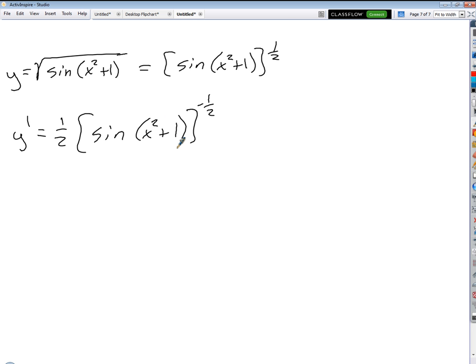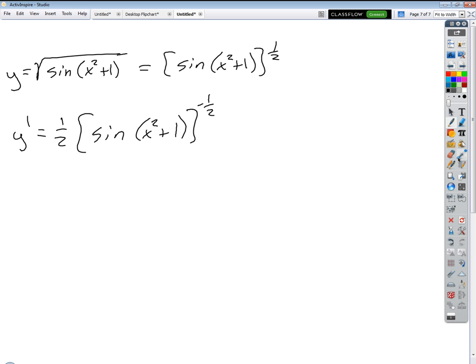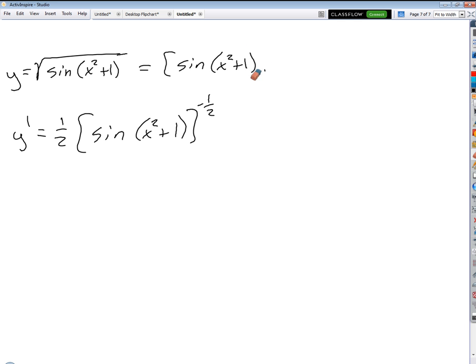Okay, so now we gotta delve into the next layer. I'm gonna go ahead and just erase these as we go. So we erased that outer layer, didn't we? Okay, so now, what's the next layer? Don't think ahead. I just wanna know what's the layer of the function. Sine of hand, right?